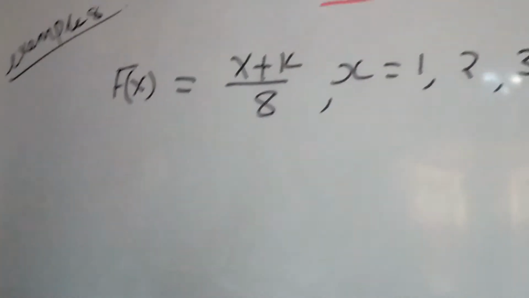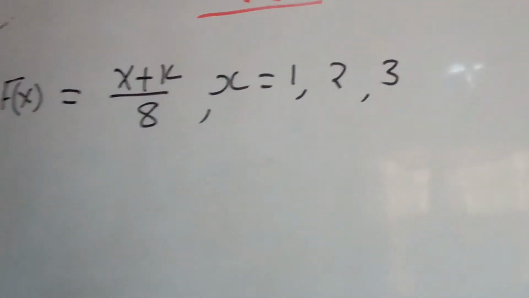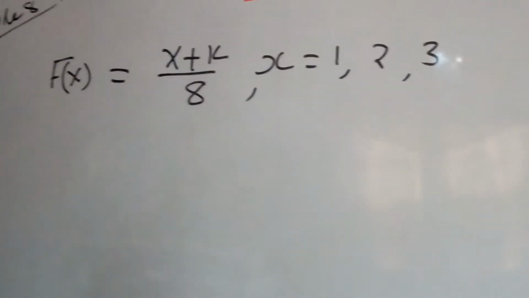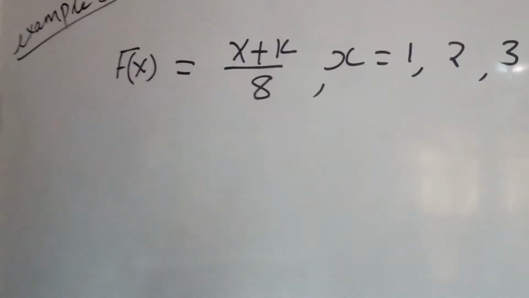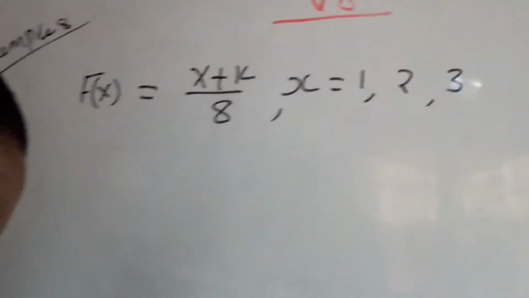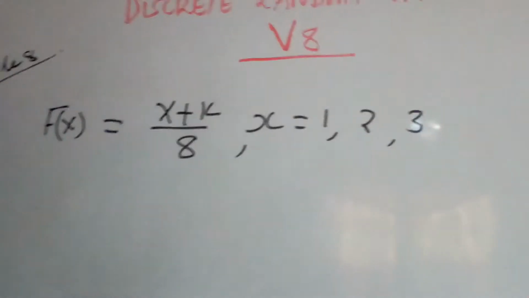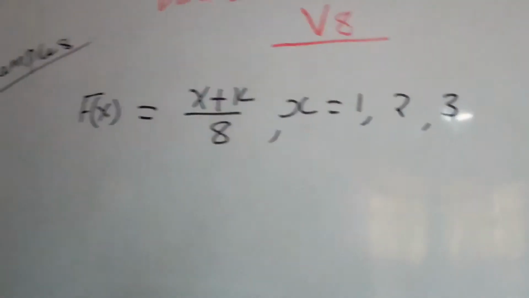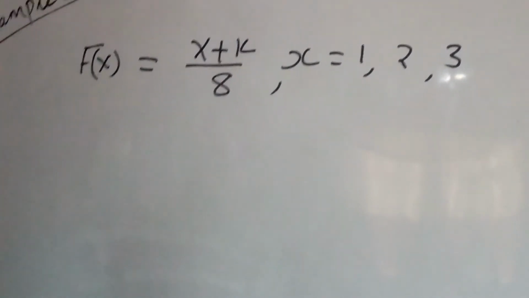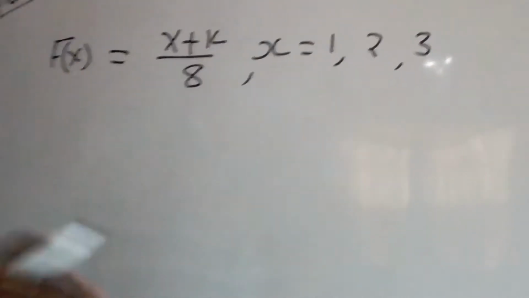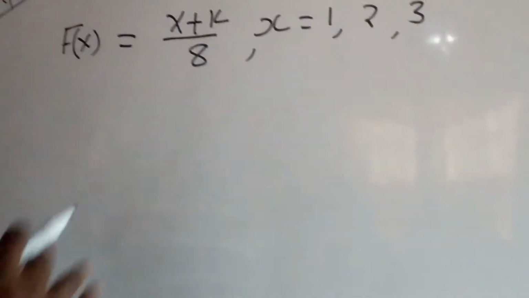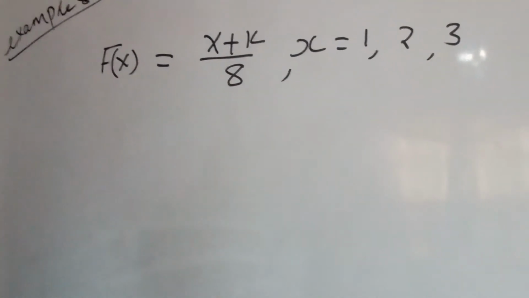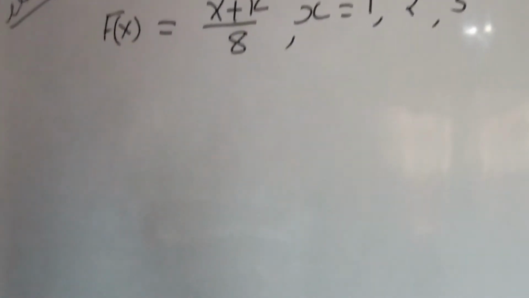If we are supposed to find the value of k, what we have understood from the previous example is that the cumulative distribution of the very last possible value will always give us 1, because it is cumulatively added up.